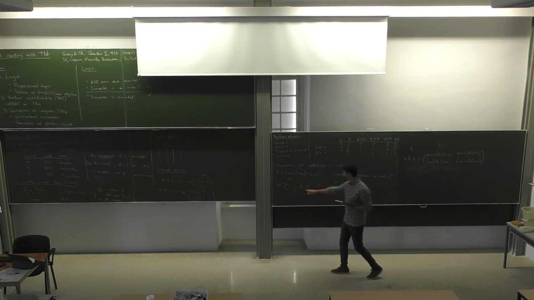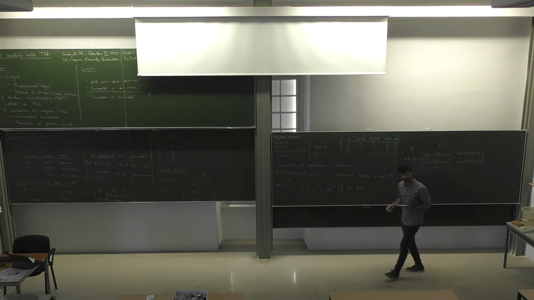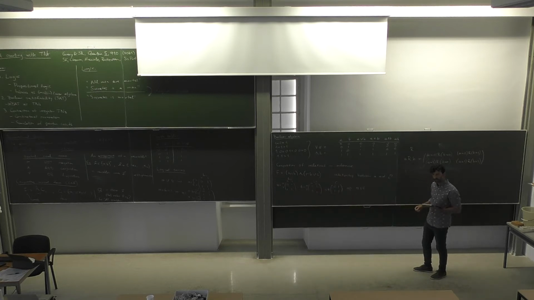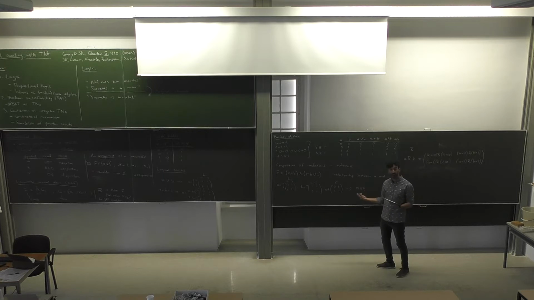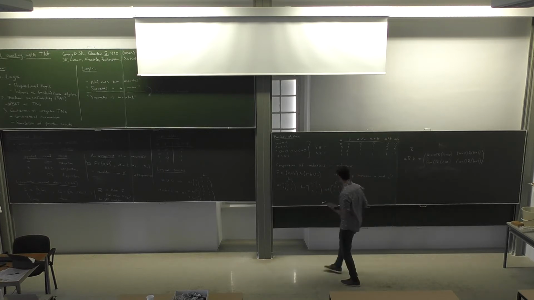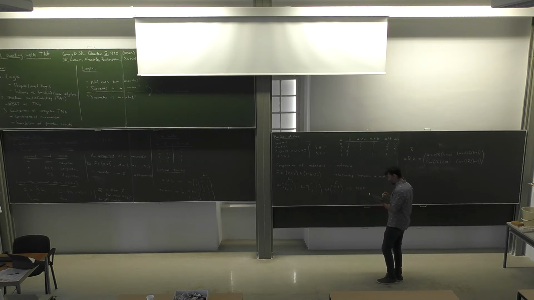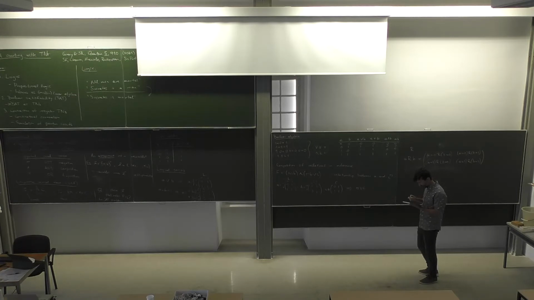So here what we did is what? It's a tensor contraction. Okay, so we contracted two tensors and we basically made a logical inference on the free legs. Okay, the free legs are A and C. So this is how to view tensor contraction as logic.